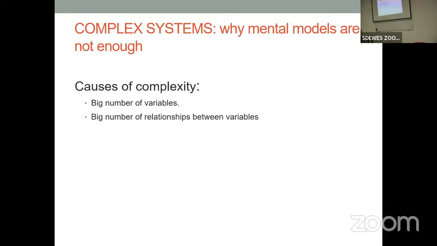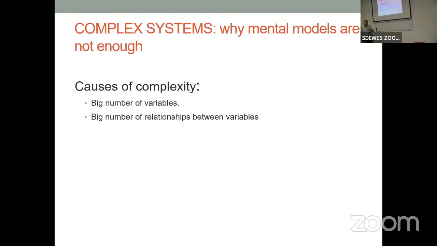And the second, which is quite related, is when we have a big number of relationships between variables. In our case, it's also the same. We not only have a lot of variables, but also a lot of relations between economy, environment, society, technology, whatsoever.